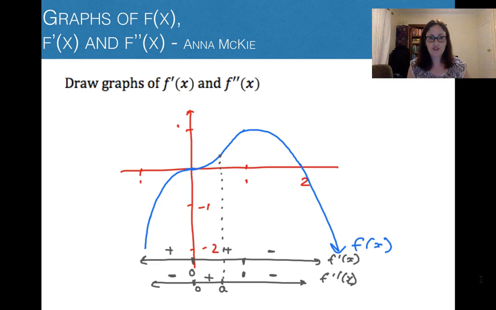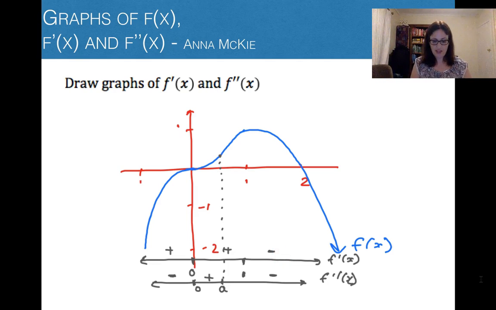So we need to draw the two graphs. Thinking back to the first derivative, when you're looking at this sign diagram, that's the equivalent of the x-axis for this graph. And so it's saying it's in the positive region, so positive y, and then it touches the x-axis and stays up in the positive y region, hence that plus, and then at 1 it cuts through the x-axis and goes into the negative region.